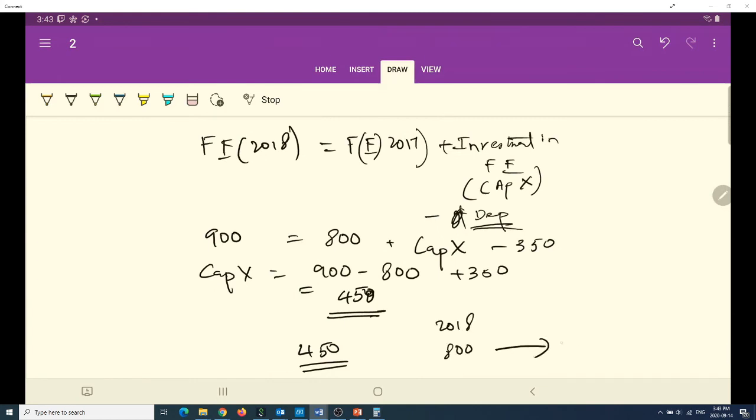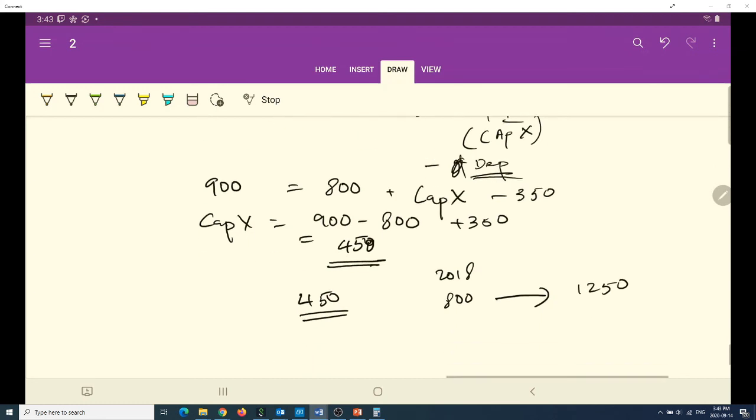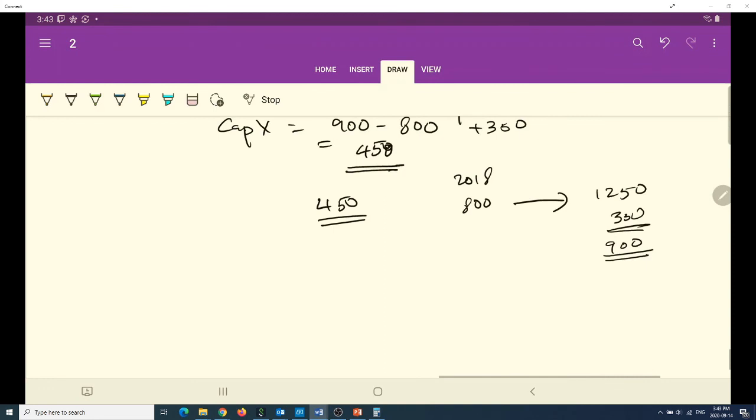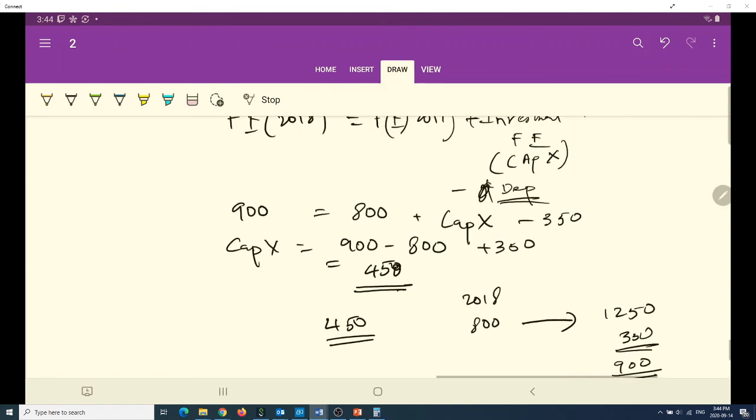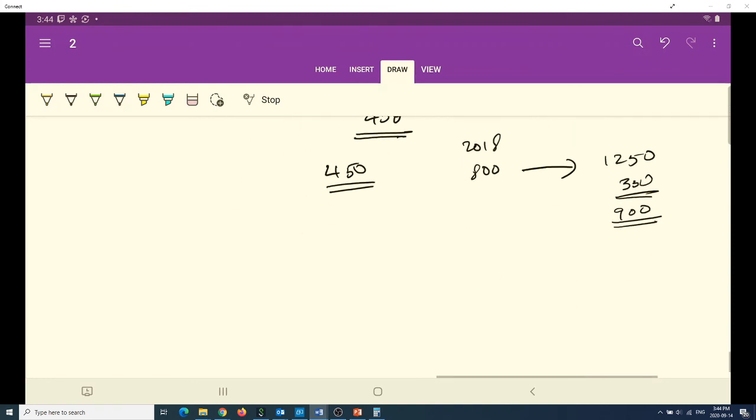Temporarily it went up to 800 plus 450, which is 1250, and then from that you subtracted depreciation of 350, and so the final value is 900. Okay, so that's it for part E. This is just reviewing the accounting you studied before.